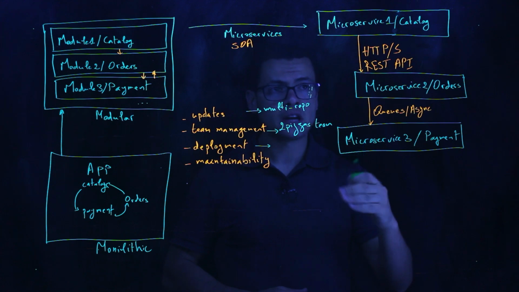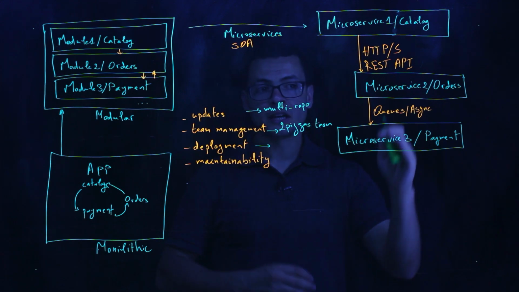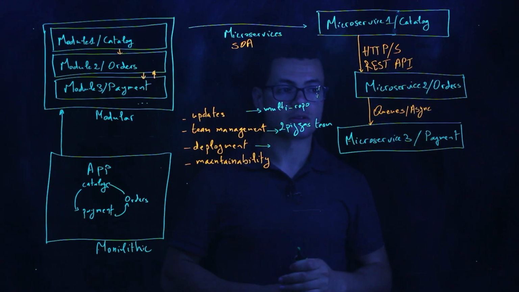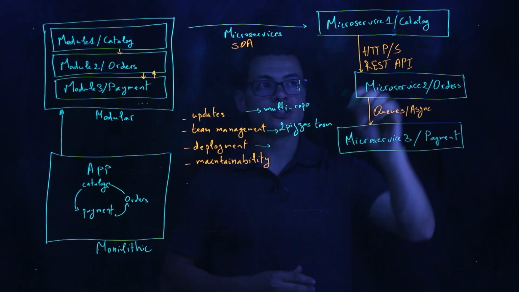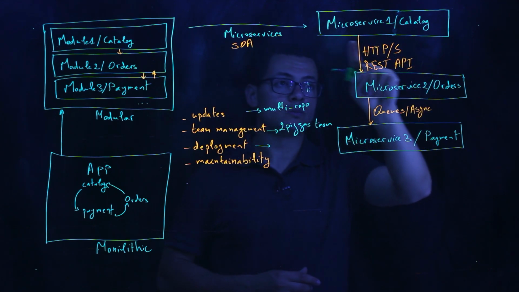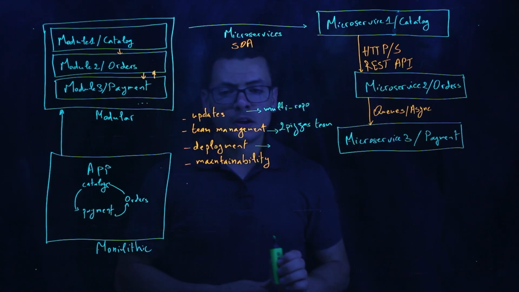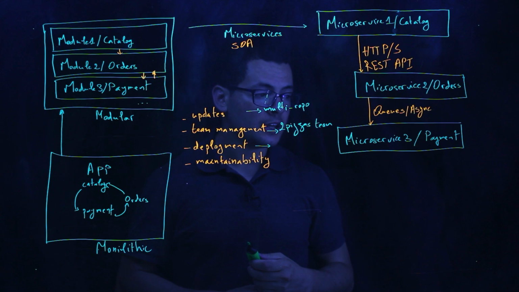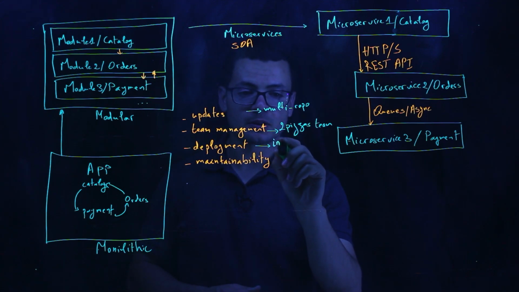I can immediately deploy those features into production. Each microservice is independent from the others, of course, if I didn't change the API interface of the microservice. So the deployment will be easier thanks to independent deployments.